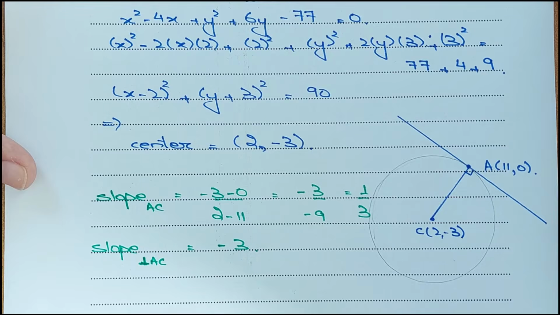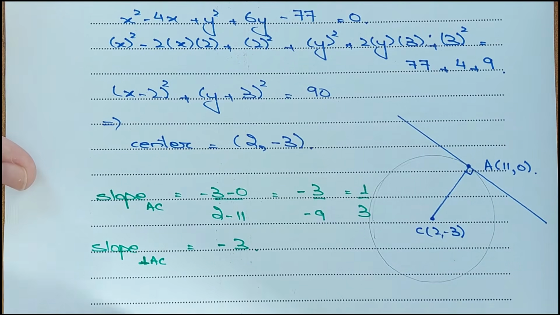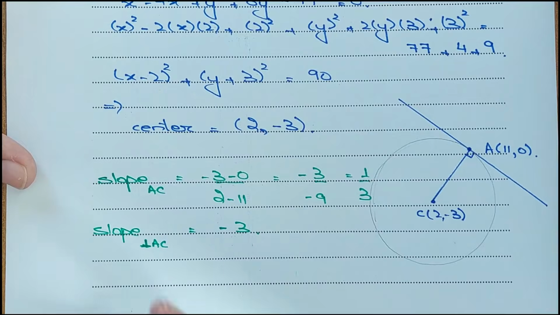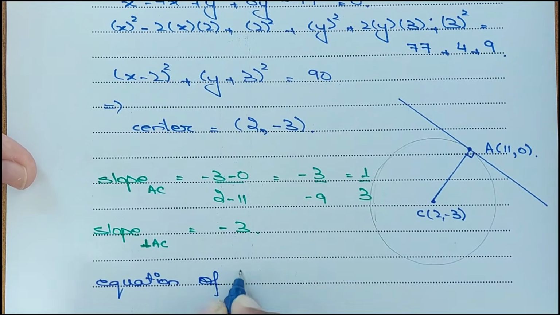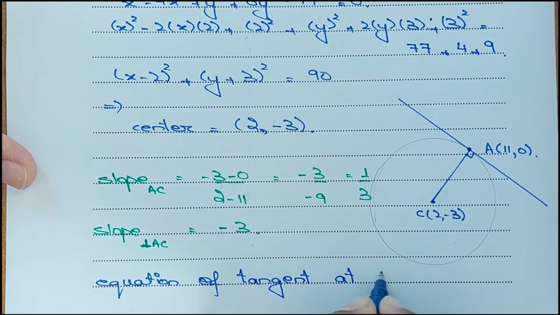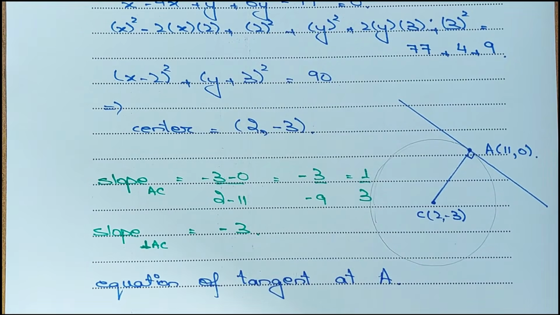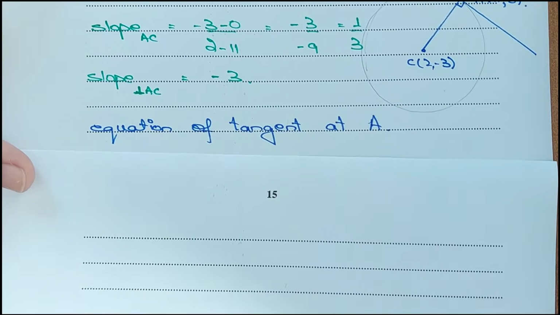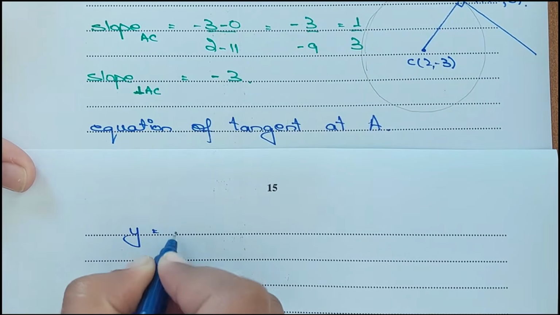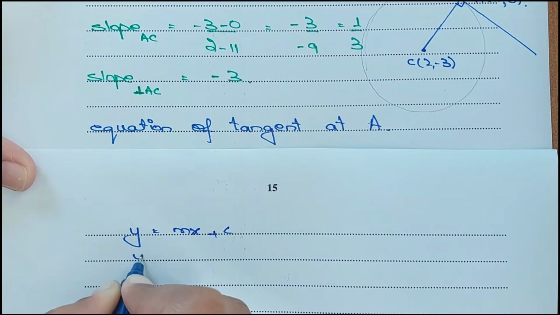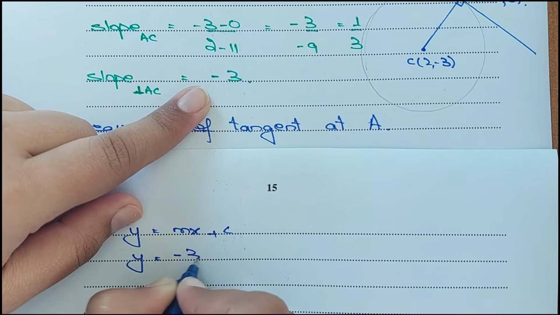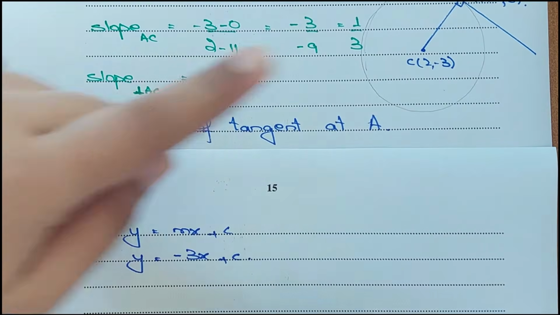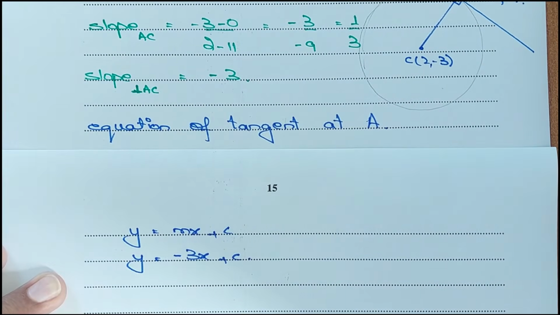Okay, so now we need to find the c value as well, right? Now the equation of tangent to the circle at A is y equals mx plus c, right? So if I consider this as y equals mx plus c, the m value is negative 3, so y equals negative 3x plus c, and to get the c value we have to use the coordinates of A, right?